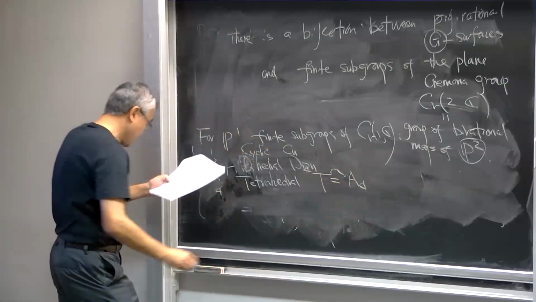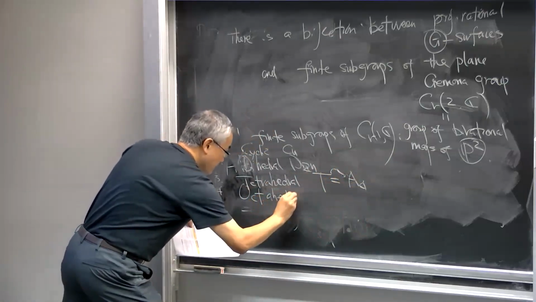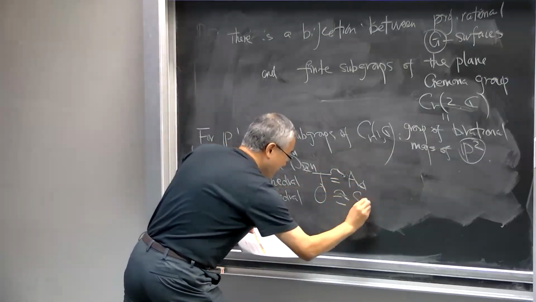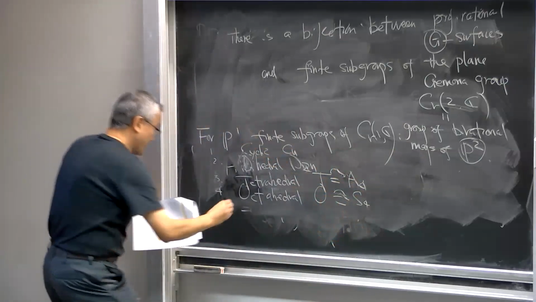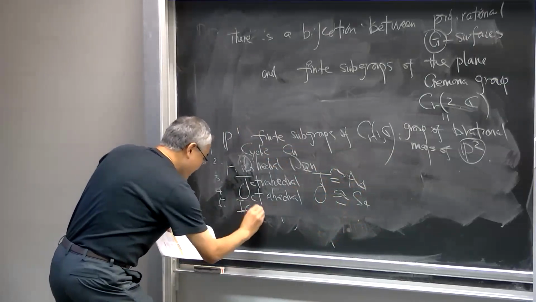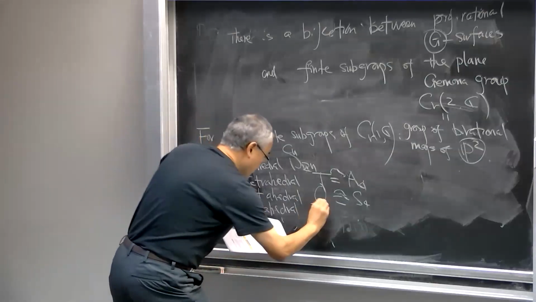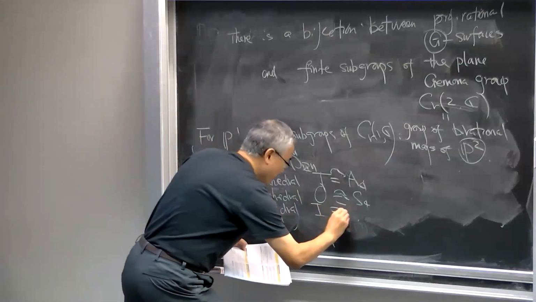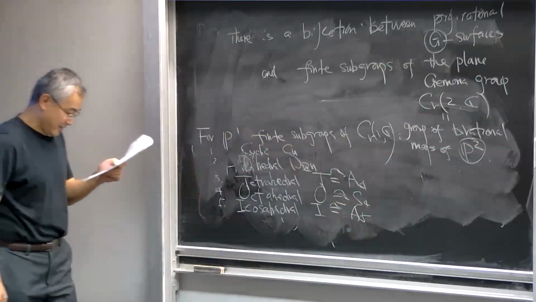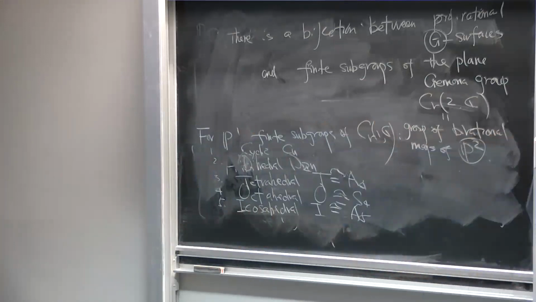The octahedral group, isomorphic to S4. And not surprisingly, the icosahedral group, isomorphic to A5. These are the possible isomorphism types of the finite subgroups.